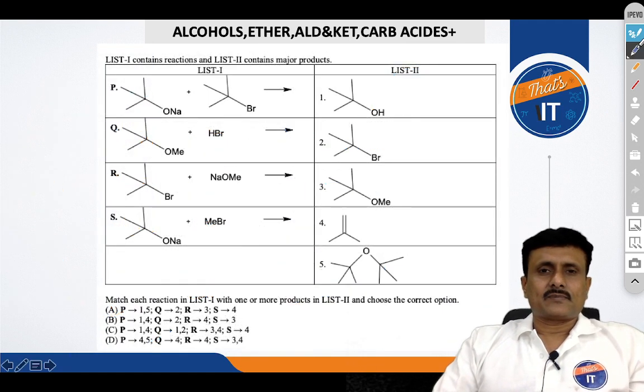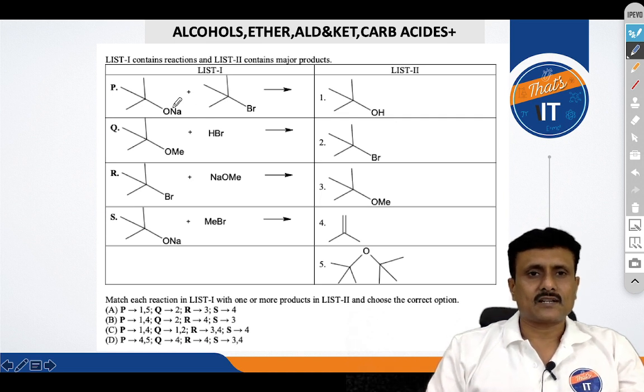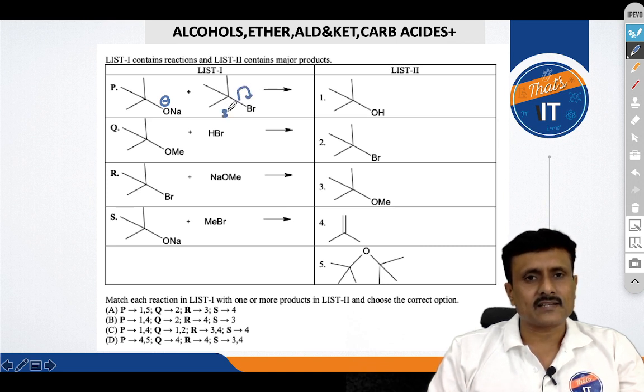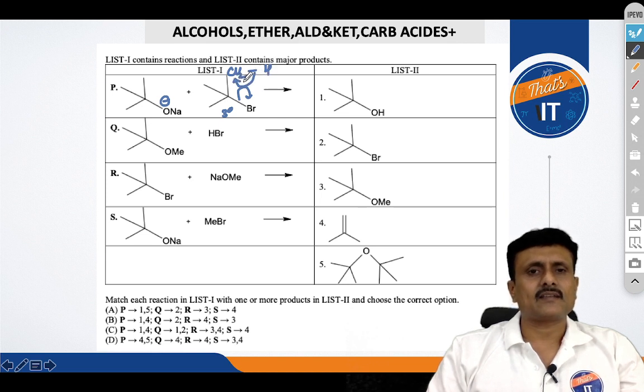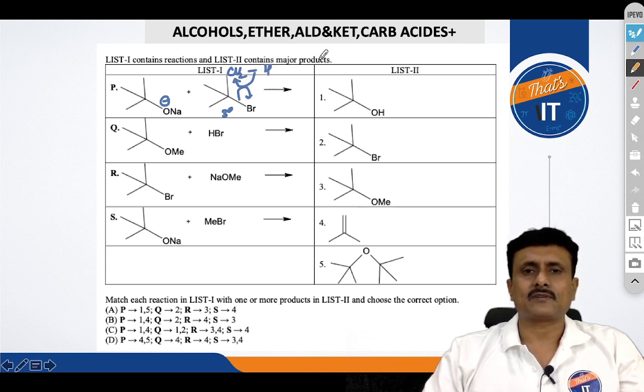Let's see the matching type of question once again. You know that this is a strong, bulky base. It will carry out the elimination because a 3-degree alkyl halide is taken, and with a strong base, a 3-degree alkyl halide prefers an alkene. So what's the product of the reaction?